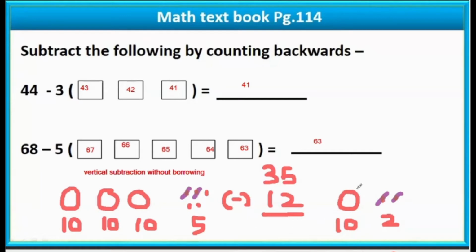For 1 set of necklace, let's take away 1 set of necklace from 3 sets of necklaces. So 2 ones I have taken from 5 ones, and 10 ones, that is 1 ten, I have taken from 3 tens. Okay, are you all clear?